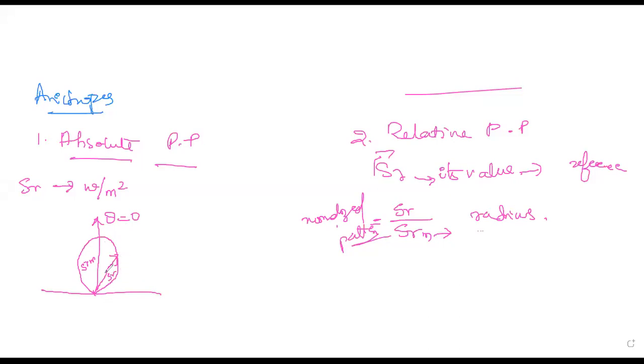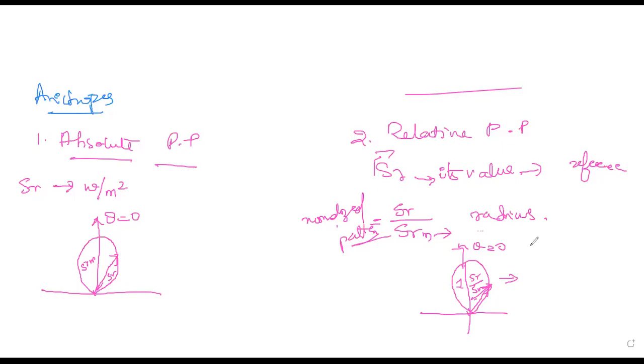SR is considered to be the radius, and you're directly representing that SR as a radius. That is the absolute power pattern. Whereas for the relative power pattern, SR by SRM is the radius. Here theta is equal to 0, SR by SRM will be the radius, and this will have a normalized value 1.